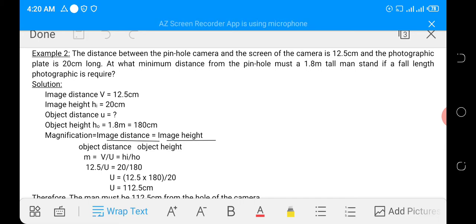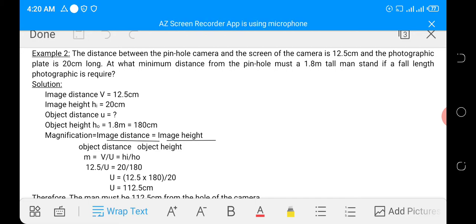From the question, image distance is 12.5 centimeter. Image height is 20 centimeter because they want the image to completely fill the photographic plate, and the full length of the plate is 20 centimeters. So our image must occupy the whole length, so the image height is going to be 20 centimeters.